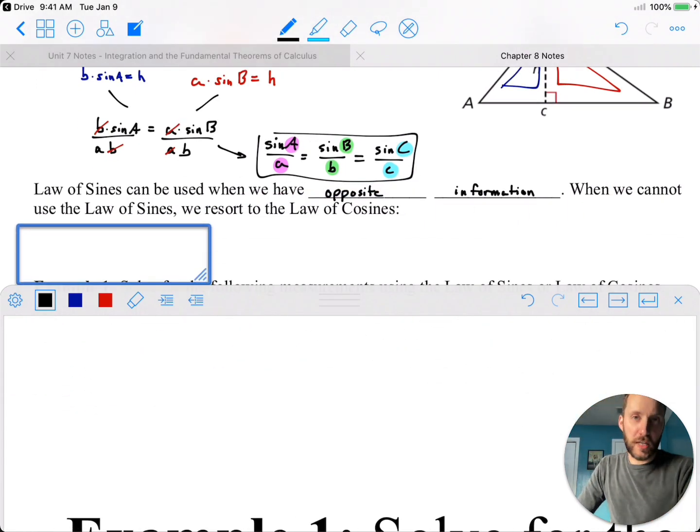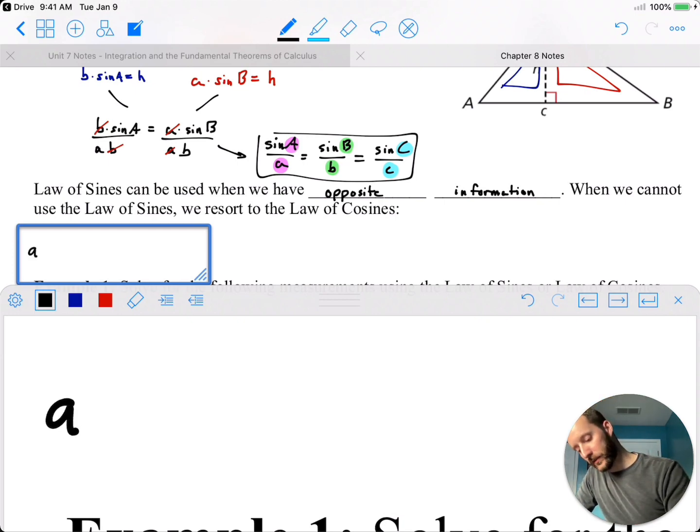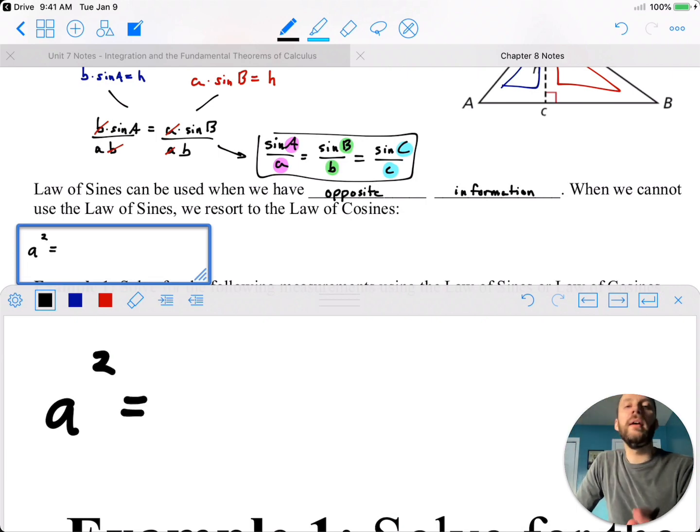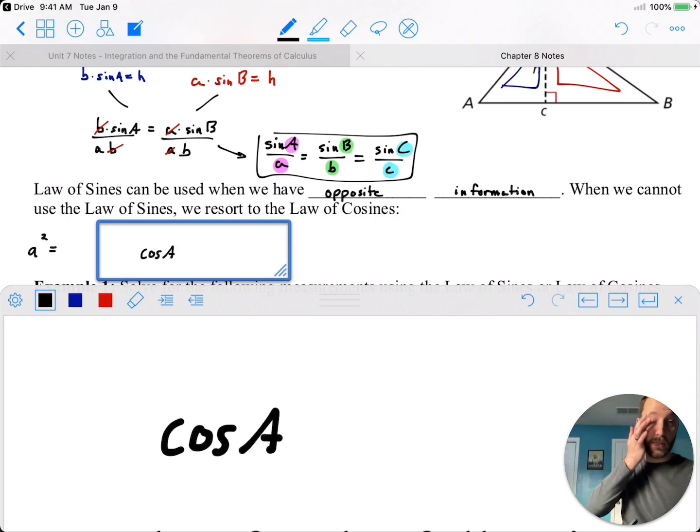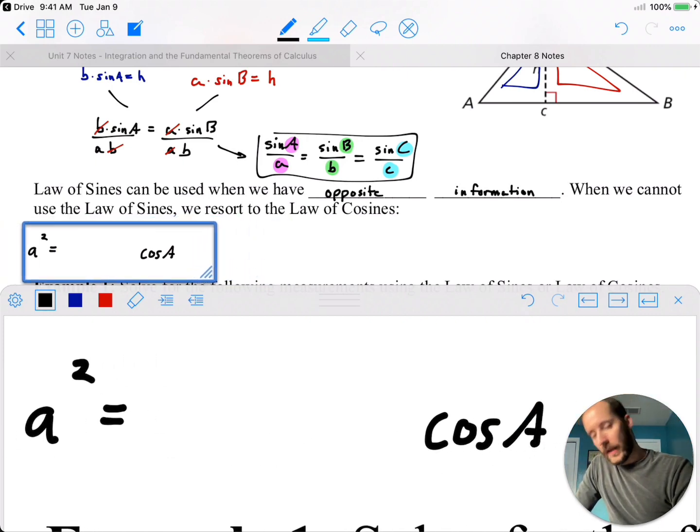Now, the law of cosines, I'm not going to go into the proof. I'm going to go into how you construct it. So let's start with little a squared equals. Way over to the right, you need cosine of big A. Now you need to fill in the middle information.